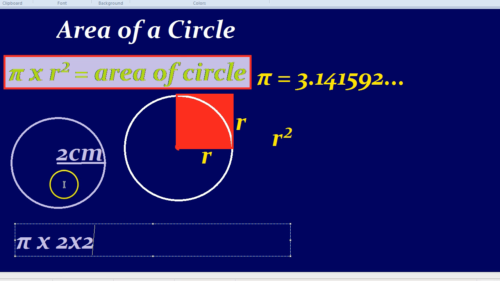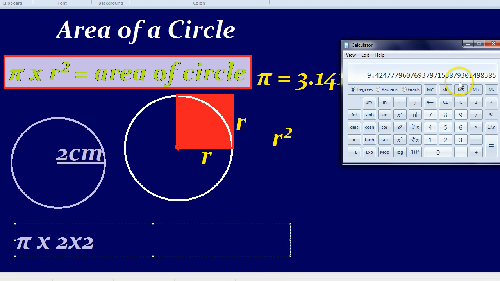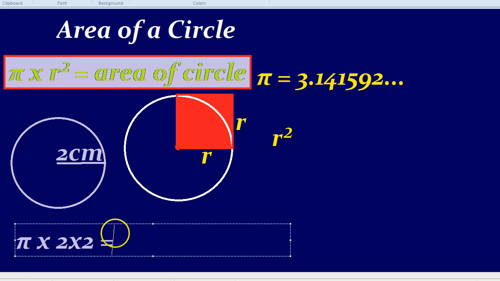Pi times r squared, that's how many times that radius, that square of the radius, fits inside the whole circle, and it's the same for any circle. Let's do it in a calculator. Pi, here it is, times 2 squared. 2 times 2. That's 12.56. Let's call it 12.6. That's 12.6 centimeters squared.